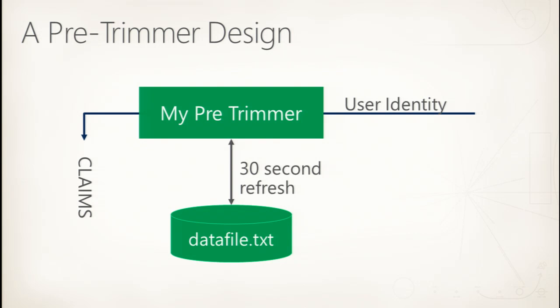It's a text file. We have a text file that we can edit, and our trimmer logic, magically as it is, will read that file every 30 seconds. And that file will contain a key and then a mapping to a group membership of our legacy XML connector database, our XML file, which I'll get back to. And that's it, really.